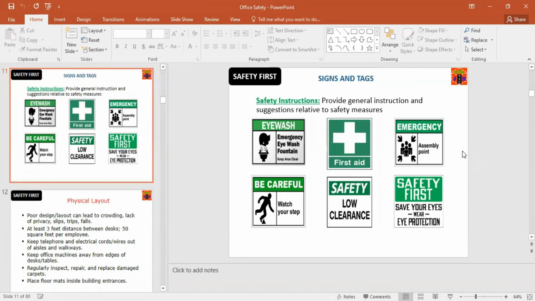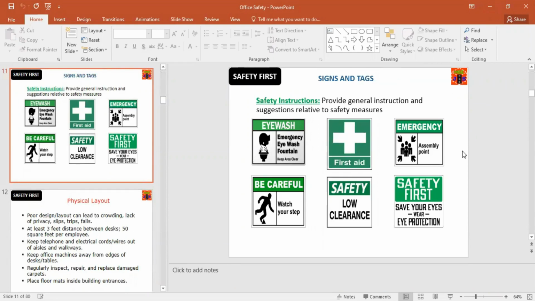Those provide general instruction and suggestions relative to safety measures like eye wash, emergency eye wash fountain, keep area clear, be careful, watch your step, first aid post, safety, low clearance, emergency assembly point, safety first, save your eyes, wear eye protection. There are many more, but these are a few examples of safety signs and tags.